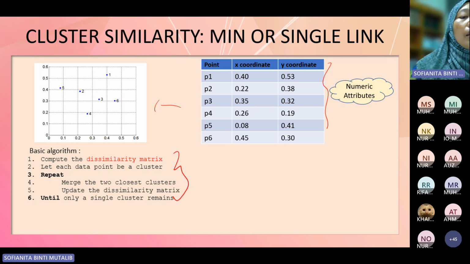Okay, so this is the basic algorithm that I have discussed just now. When you extract the information from the graph, we have X and Y. I skip the process of calculating the dissimilarity matrix. But how are you going to calculate the dissimilarity matrix?